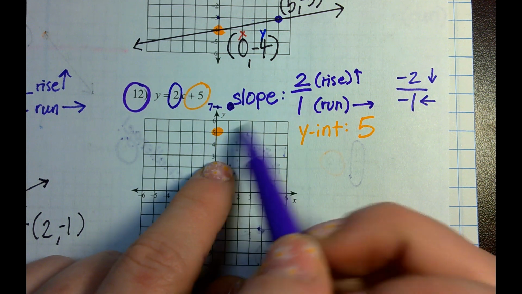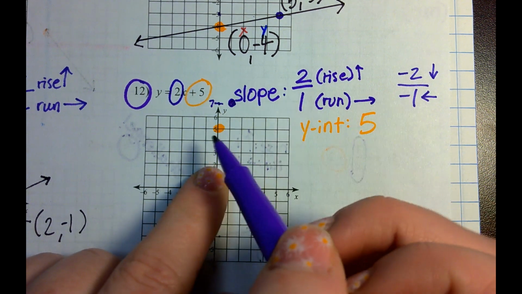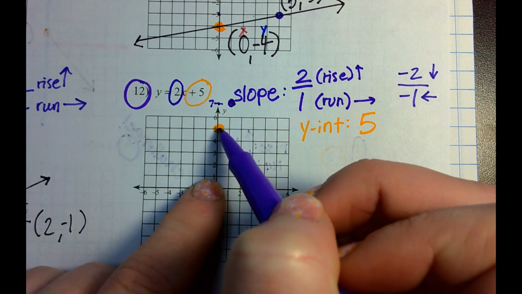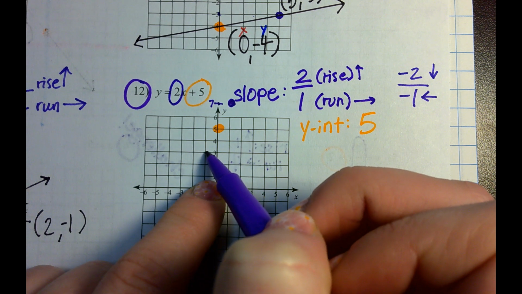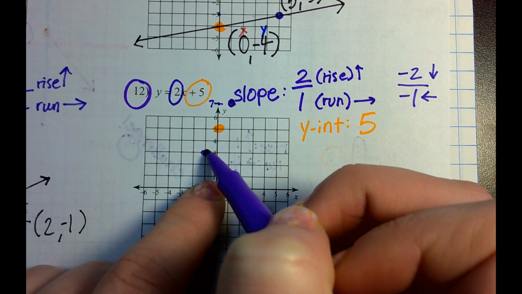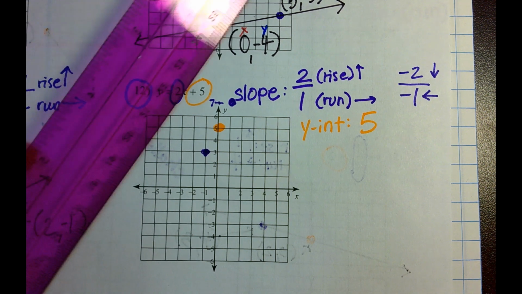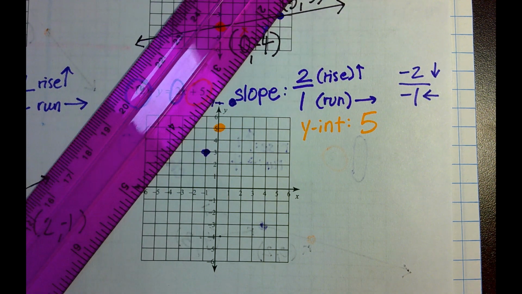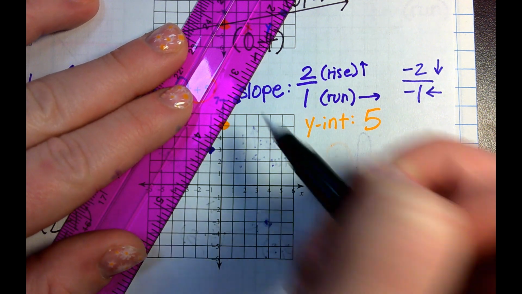Here's what happens if I decide to do negative 2 over negative 1. So I would go down 2, 1, 2, and over to the left 1. So my point would be on my graph, and when I connect the dots, it's going to go through this point anyway.